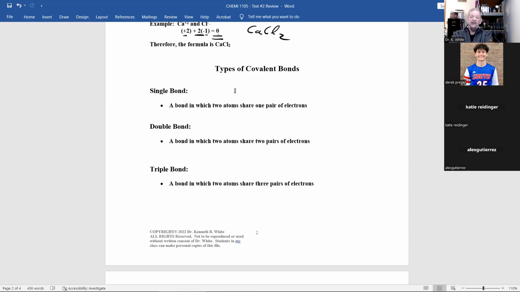The other type is a double bond. That's a bond in which two atoms share two pair of electrons, like going to second base, double, two pair of electrons. And the final is a triple bond. And that's a bond between two atoms where they share three pair of electrons, triple, third base. So single bond, one pair of electrons being shared, double bond, two pair, triple bond, three pair.